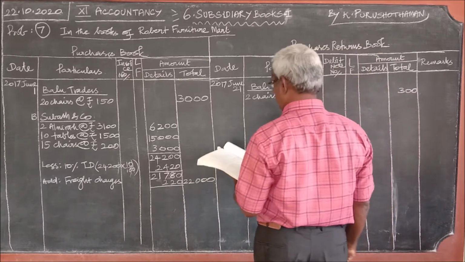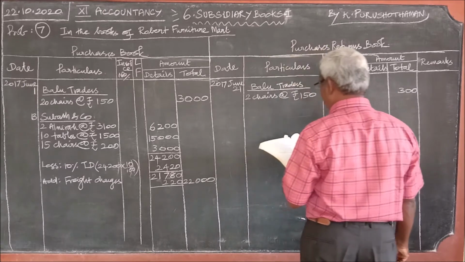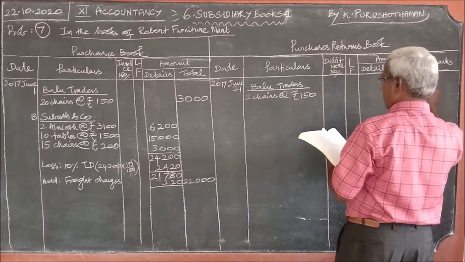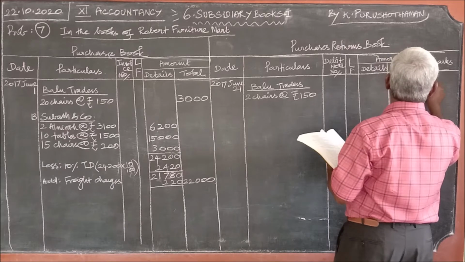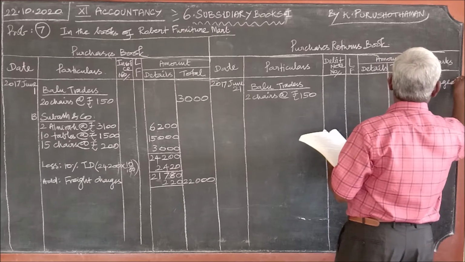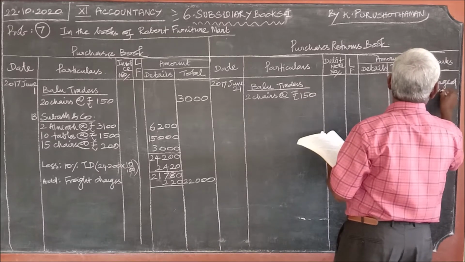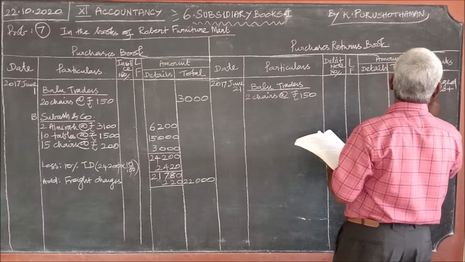Put down here. For what reason were those 2 chairs returned? Therefore, this is damaged. Damaged, cash not received.